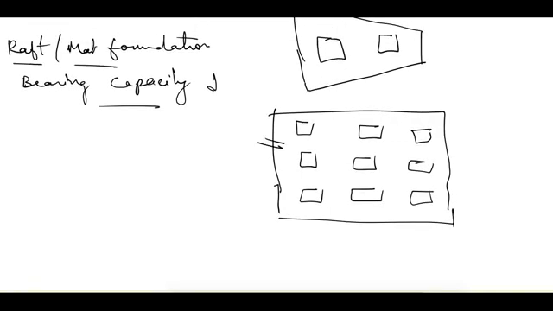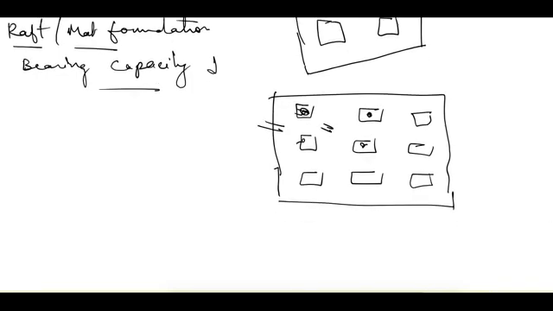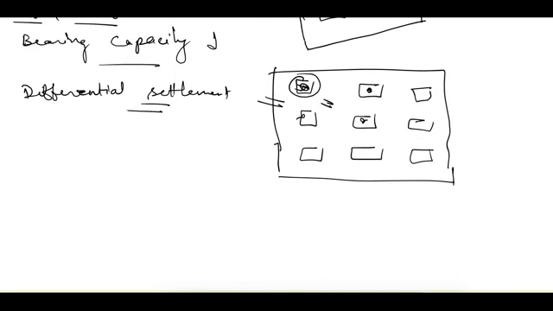So this is the mat over which we provide our columns. These columns will transfer this whole load to the single raft. It is also used when there is a possibility of differential settlement. So differential settlement means that one column or one part of the structure is going to settle more. In that case, we prefer raft foundation.